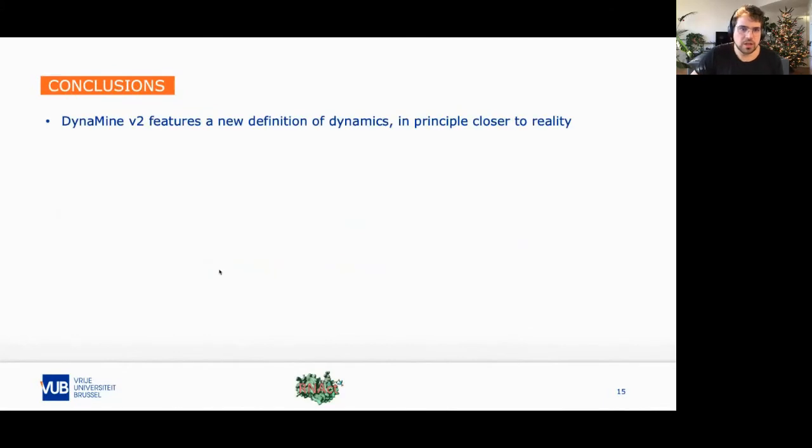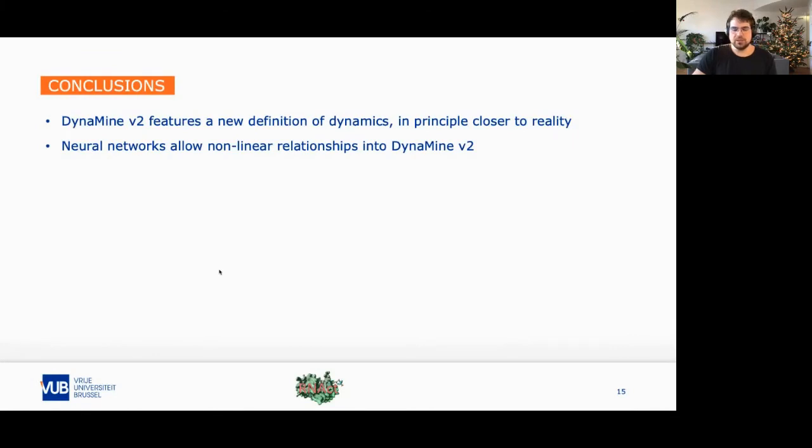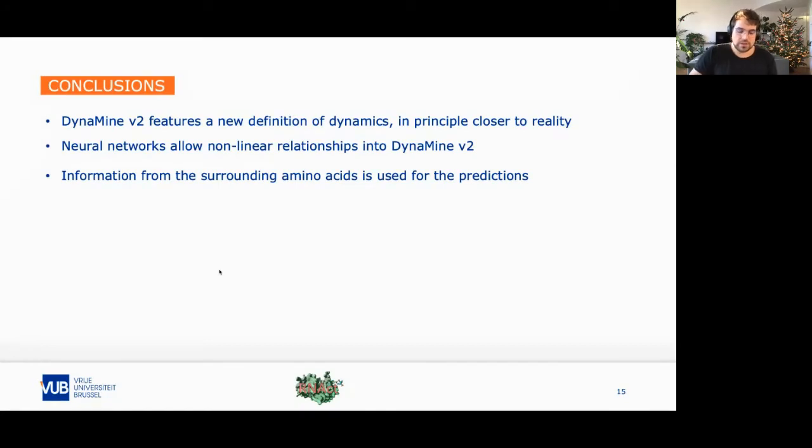So in conclusion, DynaMine 2 features a new definition of dynamics, which we believe is closer to reality. Now, with neural networks, we can allow nonlinear relationships in DynaMine 2, as we couldn't in DynaMine 1. With the recurrent layers, we can include information from the surrounding amino acids for the predictions.